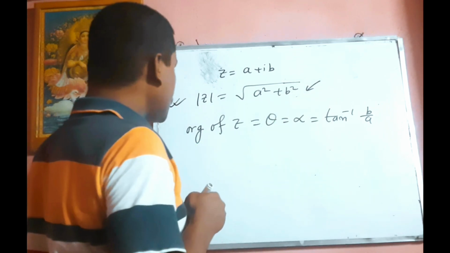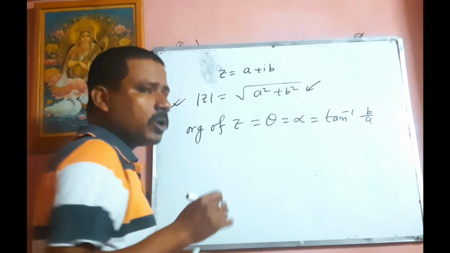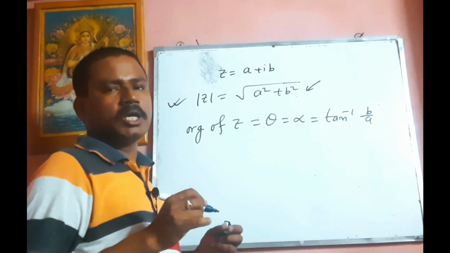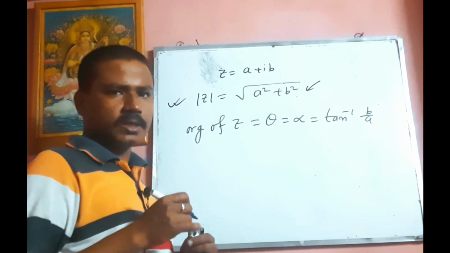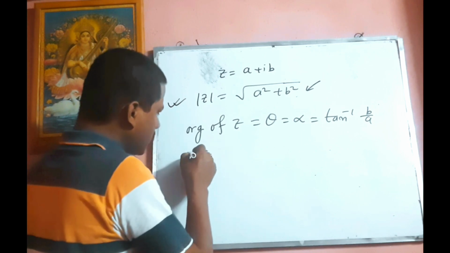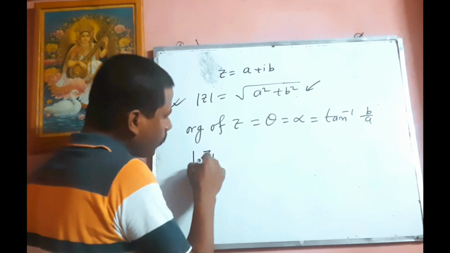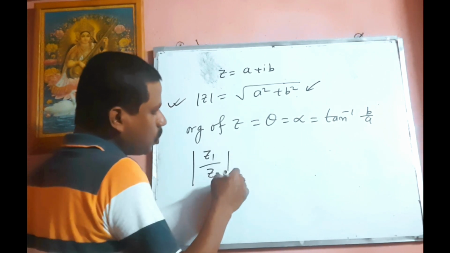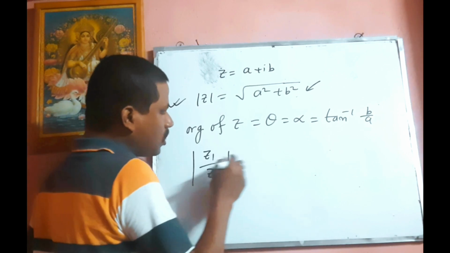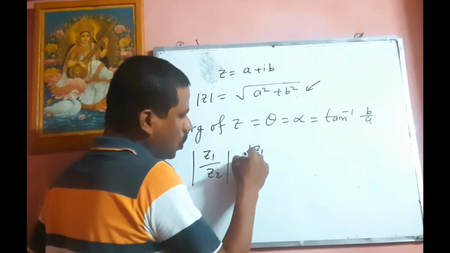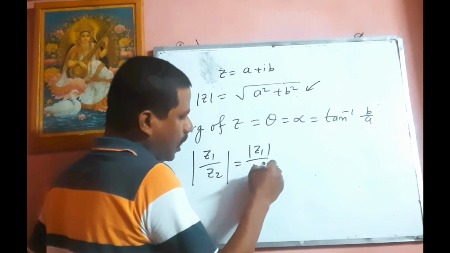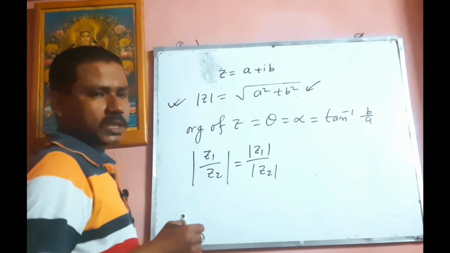And in this connection some important equations or inequalities are there. Suppose z1 and z2 are two complex numbers, then the modulus of these two will be equivalent in all the cases.